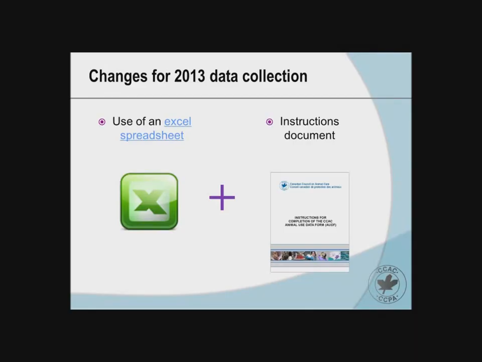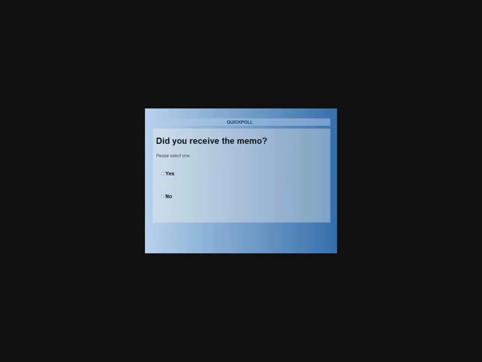As in previous years, a memo was sent out in December requesting that institutions report their experimental animal use data for inclusion in the CCAC annual national statistics. So here we go with our first polling question, and I want to ask you how many of you remember receiving the memo. If you can indicate using the yes or no buttons to let us know whether you did receive the memo.